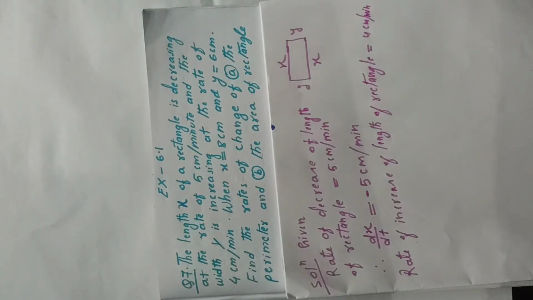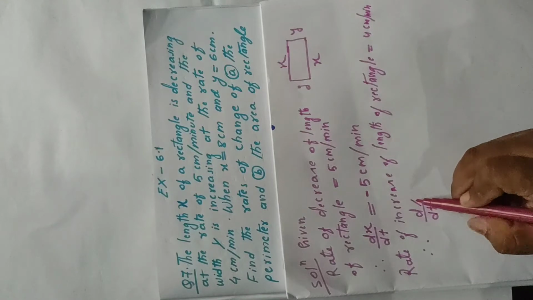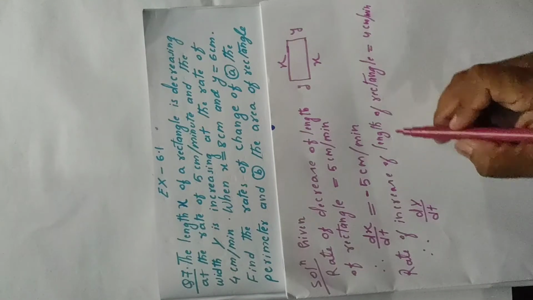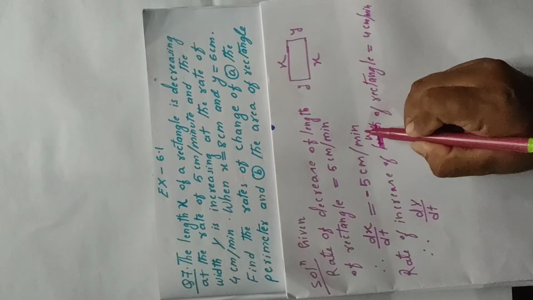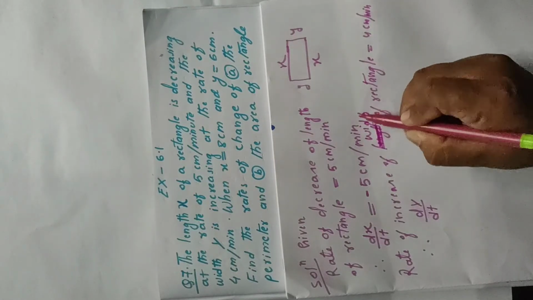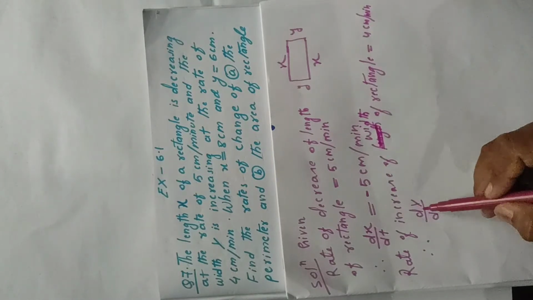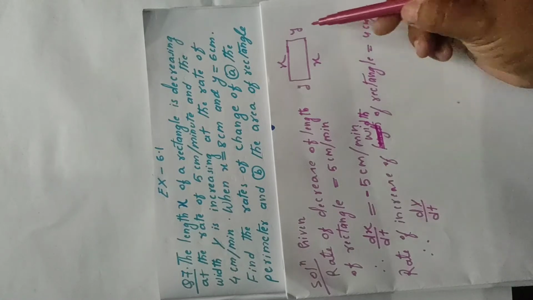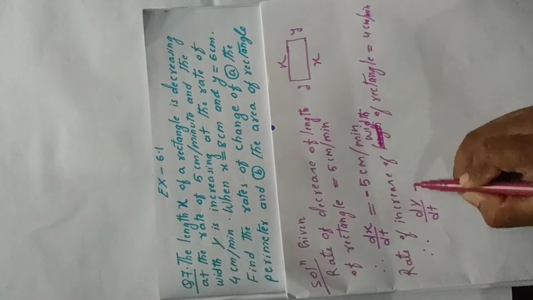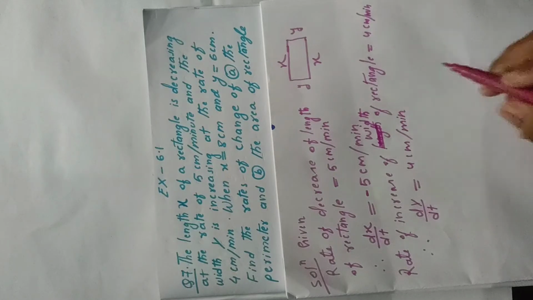Therefore we can write rate of change of, sorry, this is not length, it is width. Okay, width. So rate of increase of width of rectangle. So rate of change of width of rectangle with respect to time. Here y is considered as width, equal to 4 cm per minute.